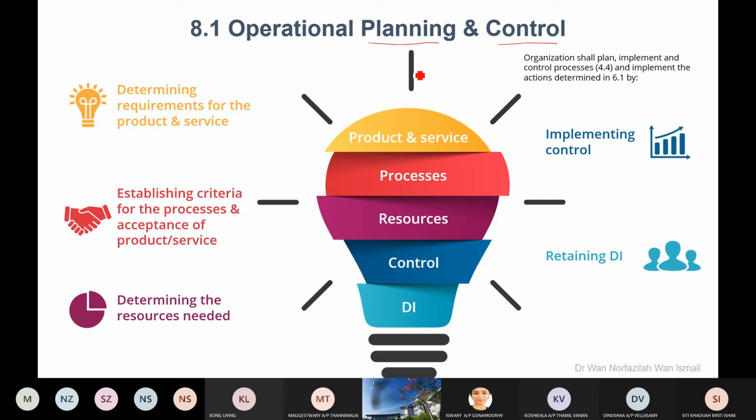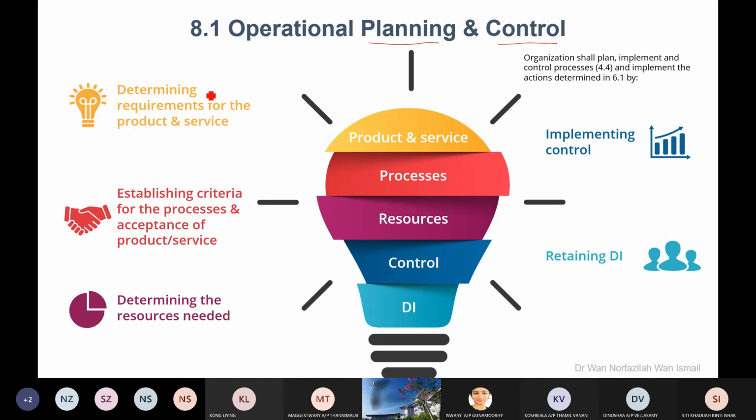So what are the requirements? First, of course, you need to determine the requirements for product and service. What is your product and service? What are the requirements? What are the raw materials? How many persons in charge are needed to operate the process in order to get the product or give services to your customers?